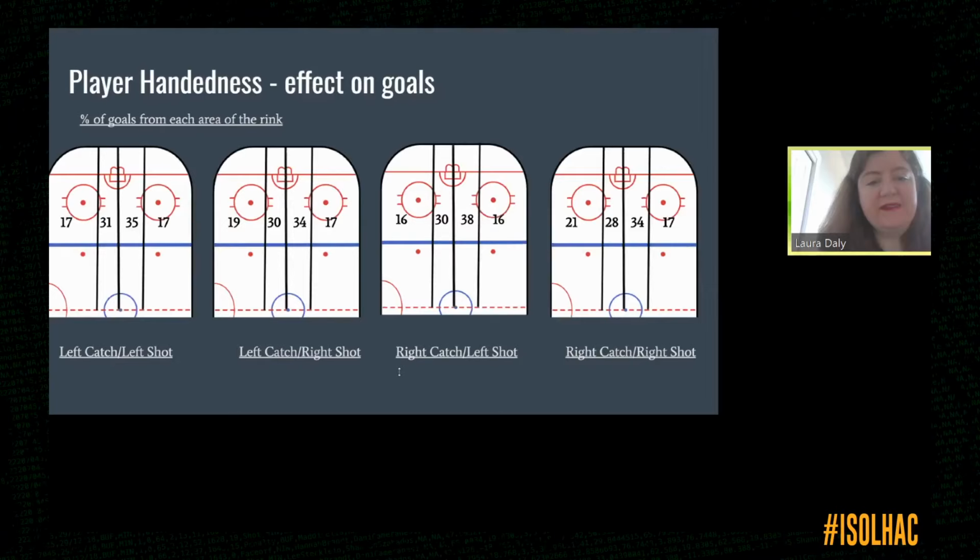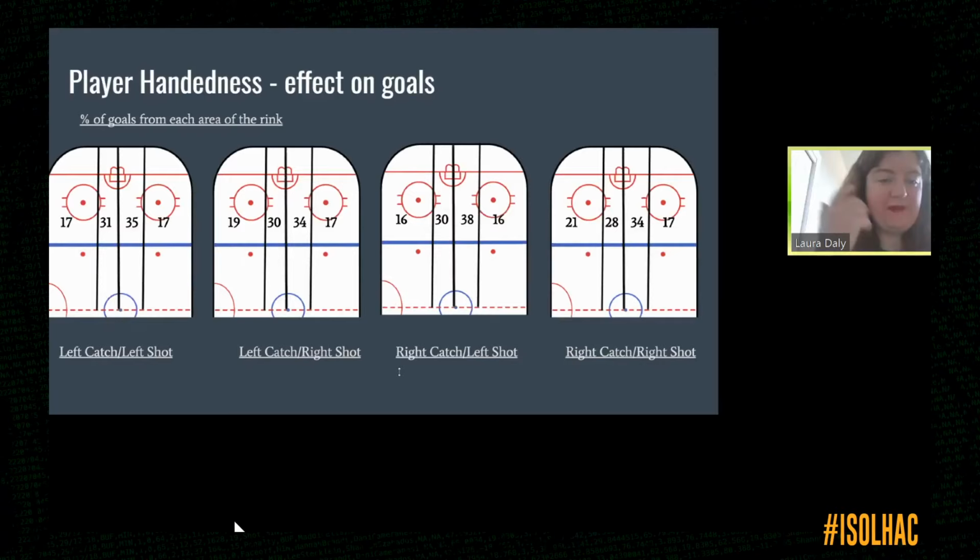And certainly for left shot players, this seems to be an example of an off-wing effect. Someone asked me on Twitter whether I thought that what we would see was players pulling their stick to the inside and shooting on the off wing, and that seems to almost certainly be the case here. Certainly in terms of goal scoring success, less so in terms of overall shot distributions.